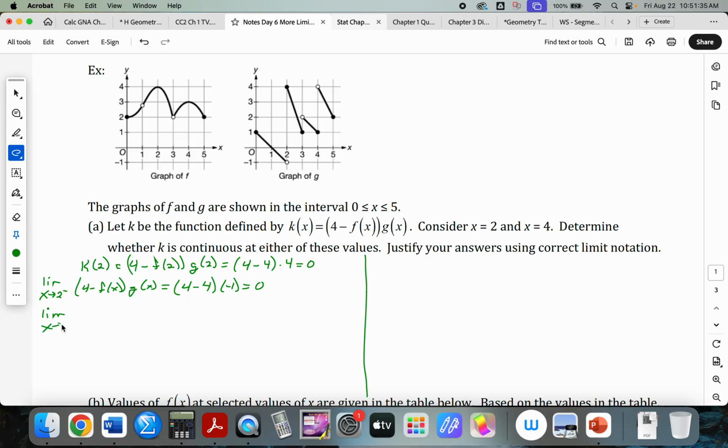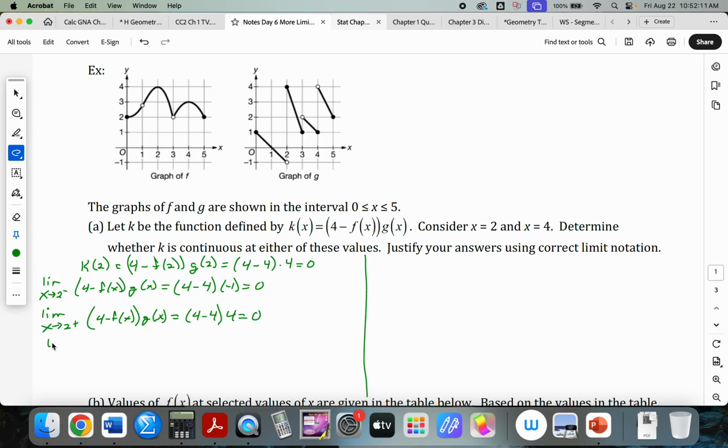The limit as x approaches 2 from the right of 4 minus f of x times g of x is going to be 4 minus, well, hey, when we approach from the right, what does f of x approach? 4. So we're feeling pretty good about this, and g of x approaches what? 4. And that's 0.